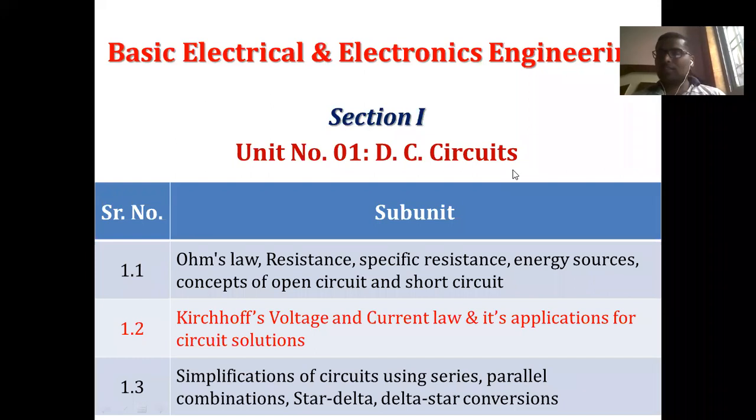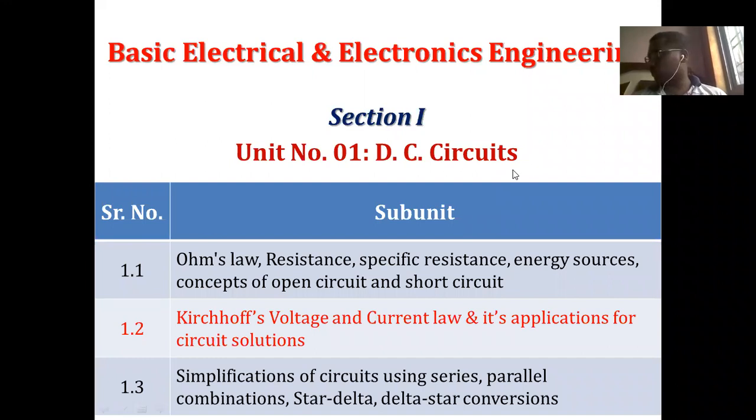Actually, a circuit is a combination of electrical and electronic devices with an active energy source. As we know, there are many electrical and electronic components, for example resistor, capacitor, inductor, and devices. When they are connected to an energy source, which may be DC or AC, that entire path of this combination, the entire loop, we call a circuit. This is one simple definition.